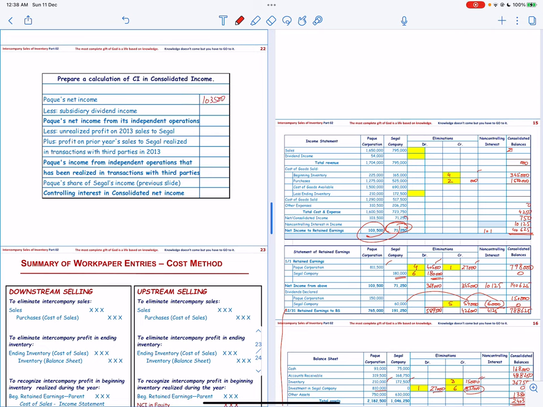And there was subsidiary dividend of 54,000, and this is to be subtracted, so that is 49,500, less unrealized profit on 2013 sales to Segal, that was 0.